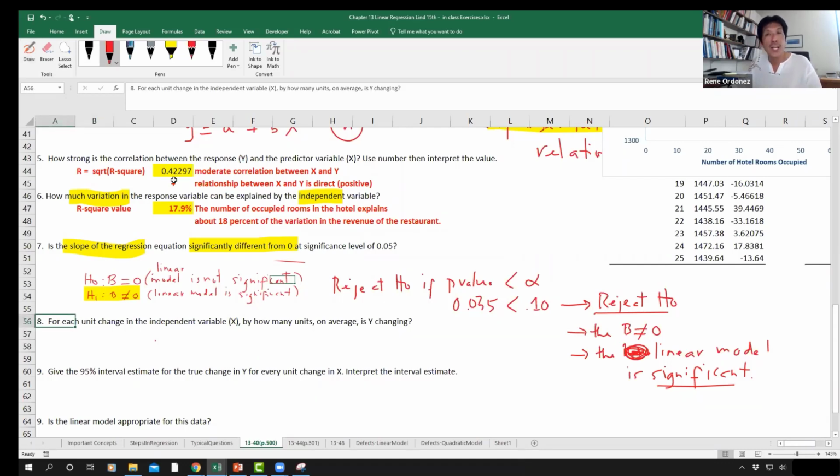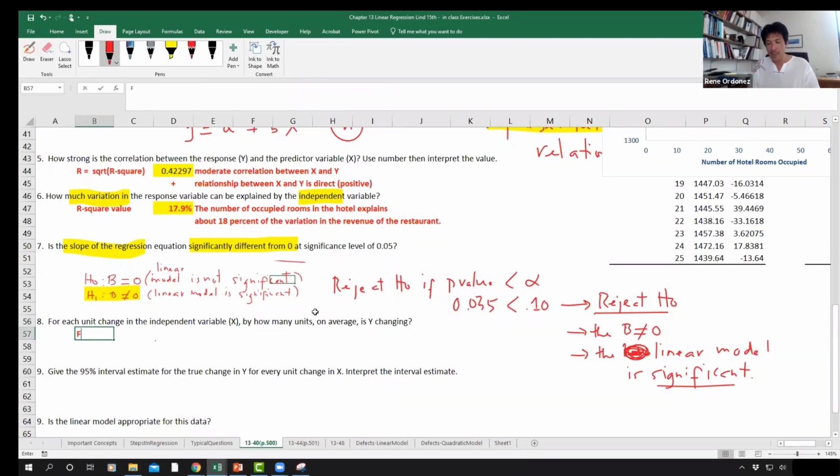So if the linear model is significant, then there's a question here. It says, for each unit change in the independent variable, meaning for each additional room that is occupied in the hotel, by how many units on average is y changing? So let me translate this in terms of the actual variables.